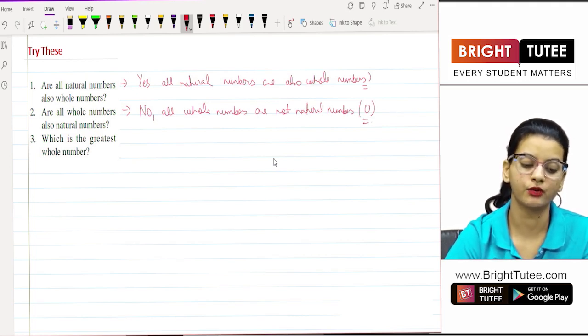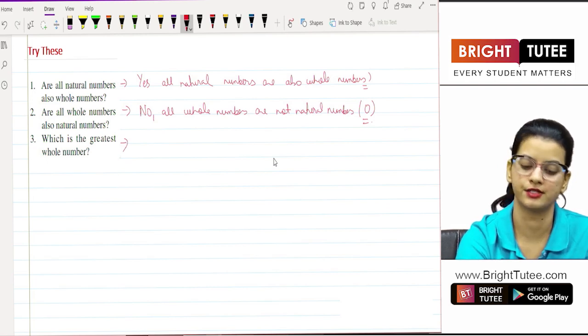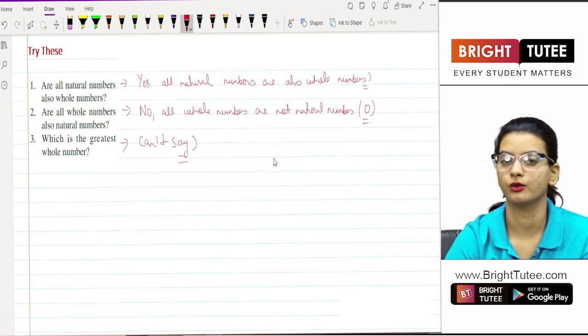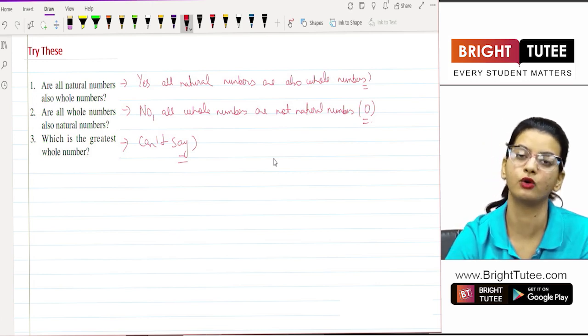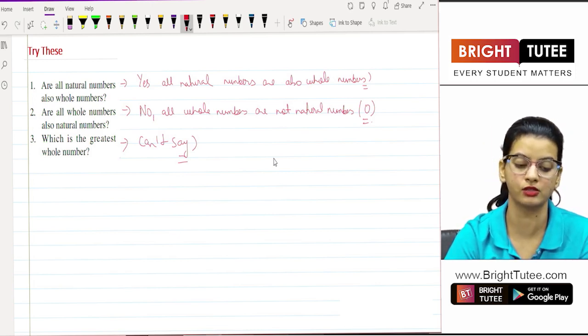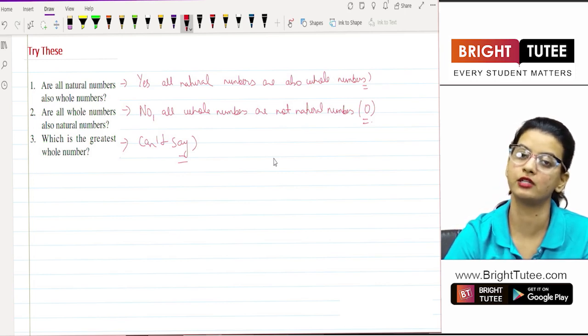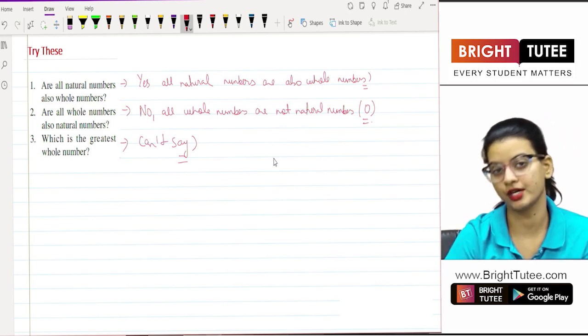Now, which is the greatest whole number? We can't say, because it also continues till infinity. We don't know which is the greatest whole number, so it will go on continuing till infinity. So there is no greatest whole number. There will always be a greater whole number.